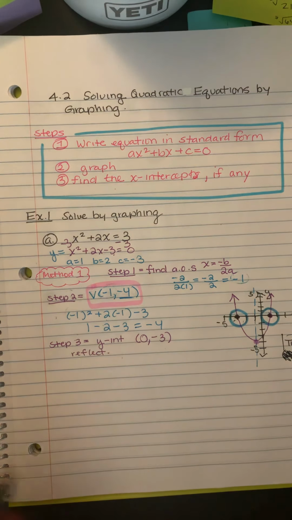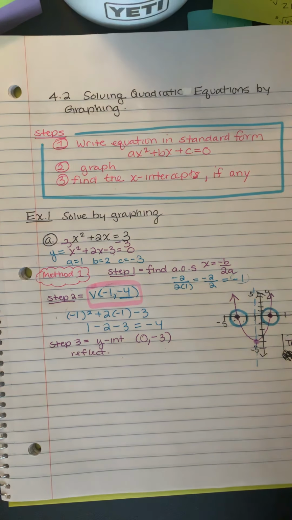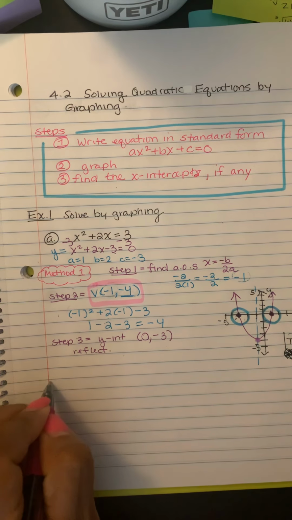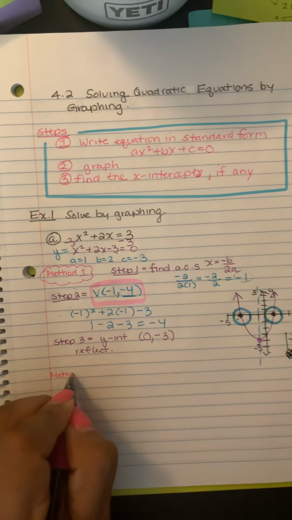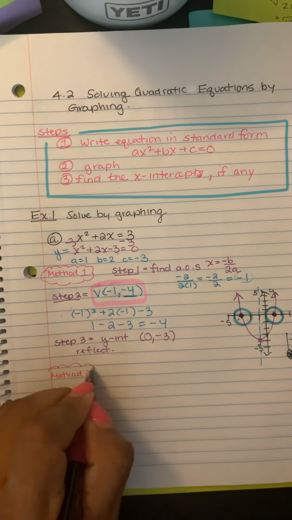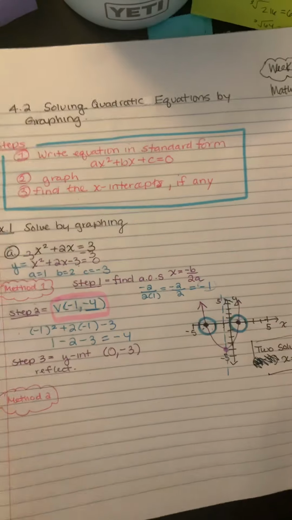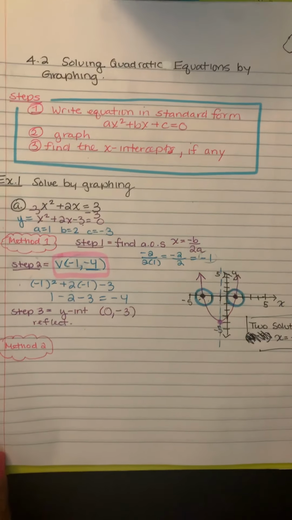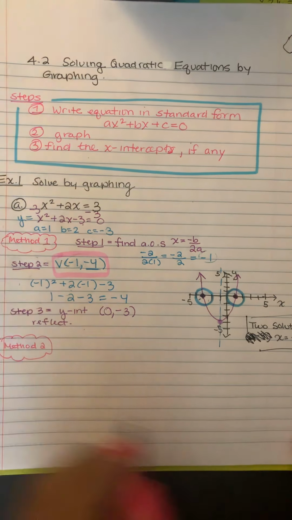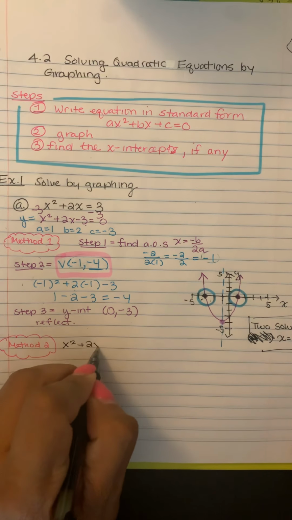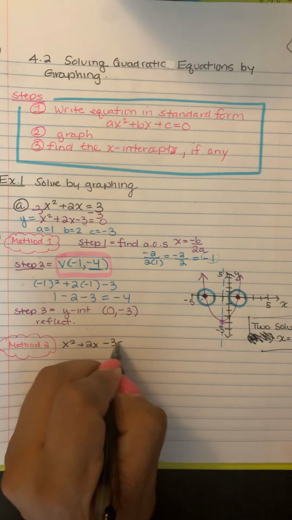So this, again, is method 1, solve by graphing. We've already learned the factoring method. So here's method 2. And I just want to show you that whatever method you decide to do, we're going to get the same answer. Okay. So method 2, again, we have x squared plus 2x minus 3 is equal to 0.